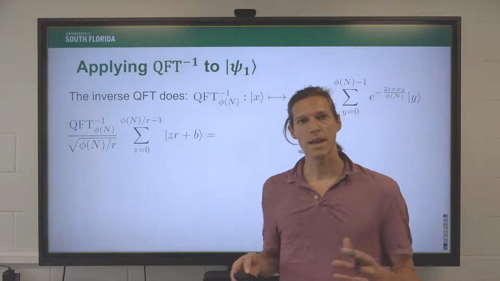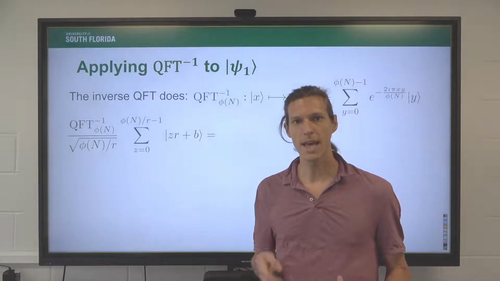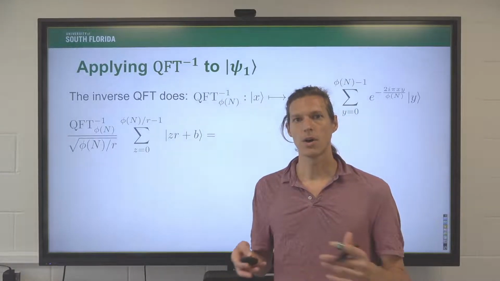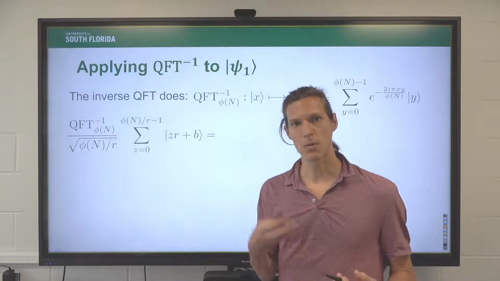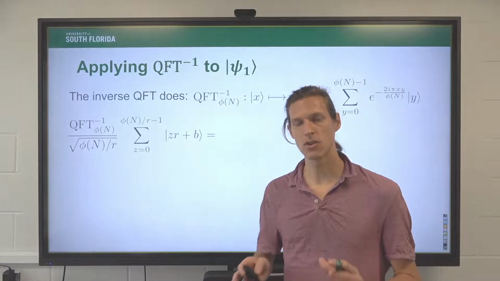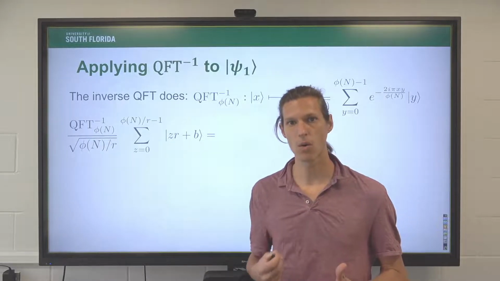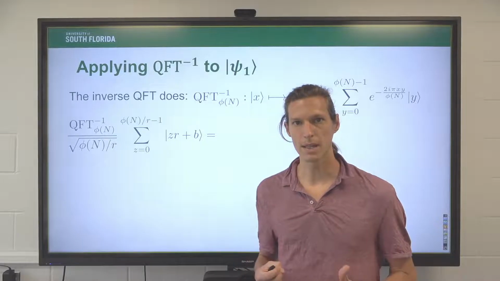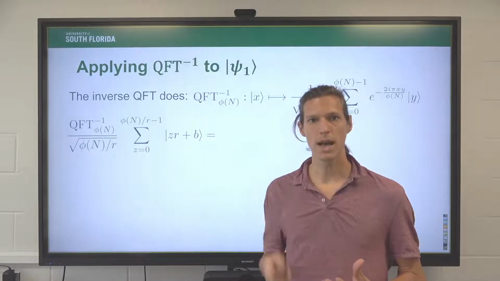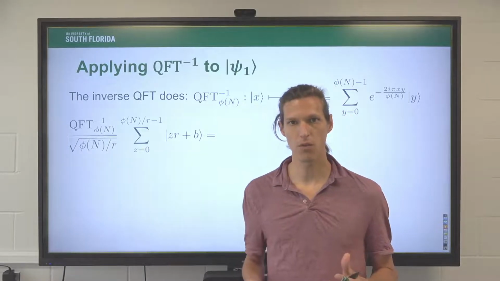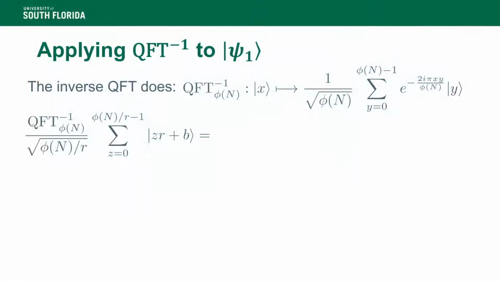Now we will apply the inverse quantum Fourier transform to continue massaging this state and turn it into a state whose measurement allows us to answer the question of the order of a modulo n. Now we need to know the action of the quantum Fourier transform on each individual state. So this is given by x is mapped to the sum over y of exponential minus 2 pi i xy over phi of n.